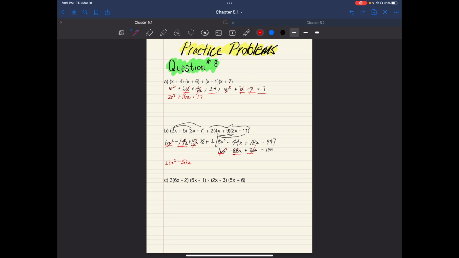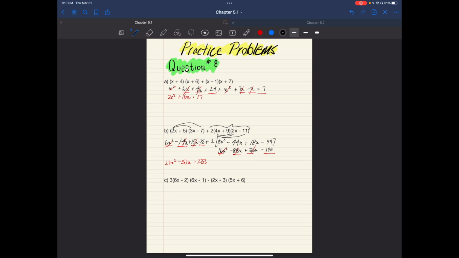And now we just have to do our constant terms, which is 35 and negative 198, or negative 35 and negative 198. Negative 198 minus 35, negative 233. Okay, moving on.